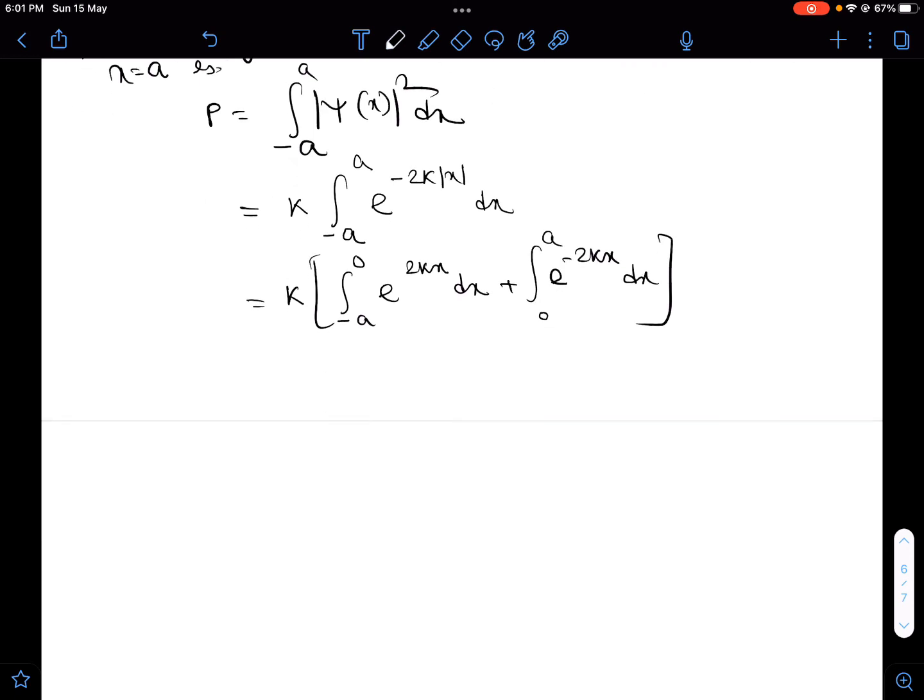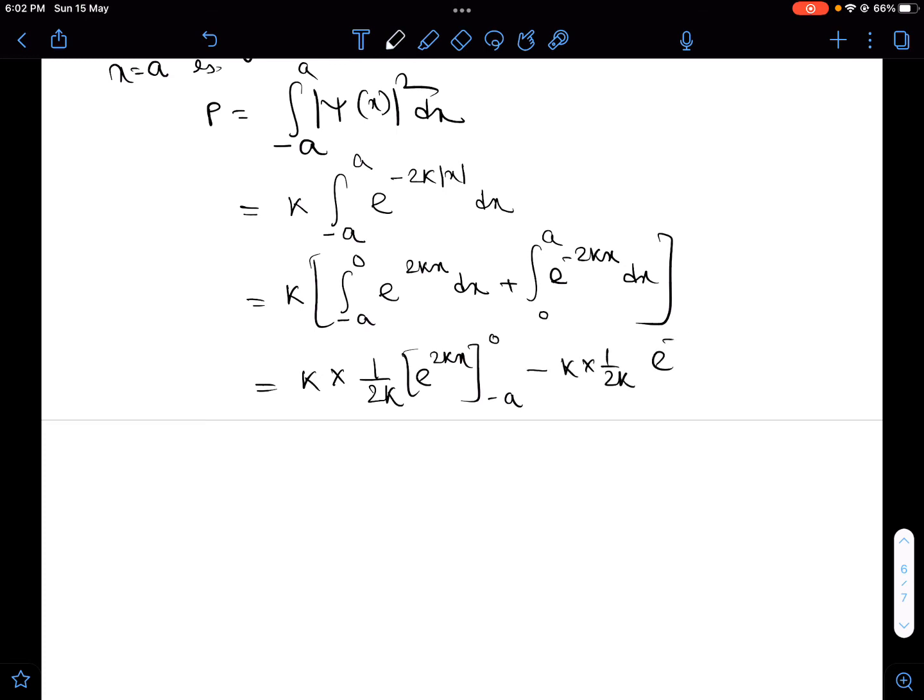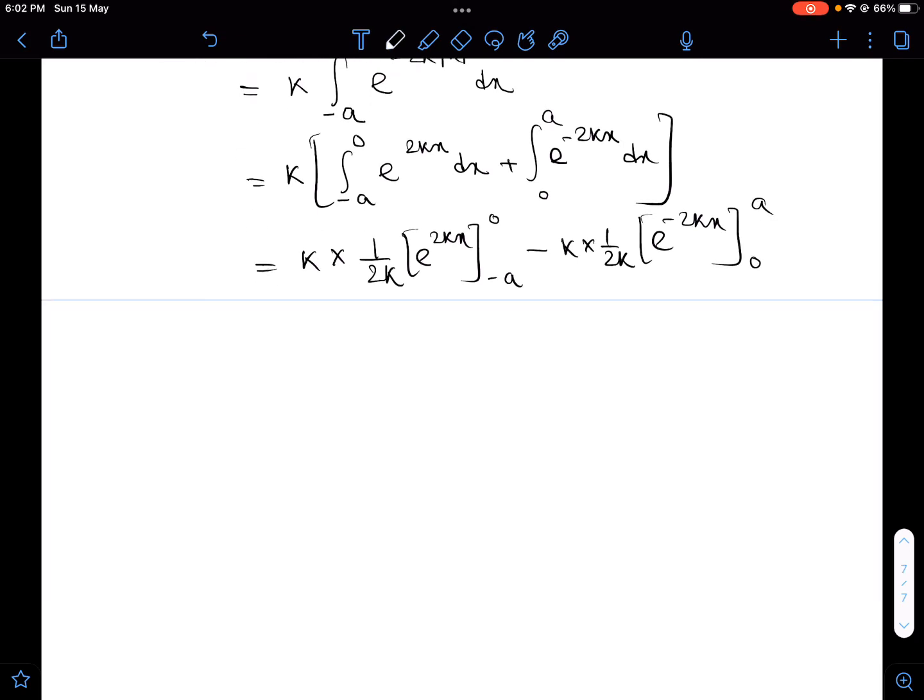So what will be its value? So we will have 1 by 2k and e to the power 2kx, from minus a to 0, and here we will have 1 by 2k e to the power minus 2kx, and that is from 0 to a.